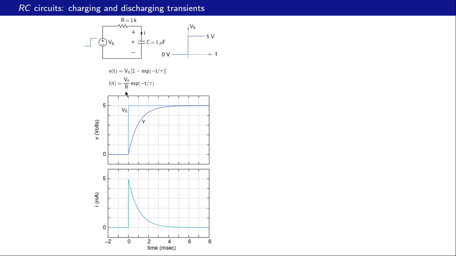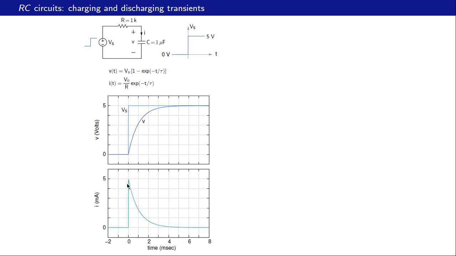Now, since the capacitor current is C dV by dt, a positive capacitor current means a positive dV/dt, and therefore we expect the capacitor voltage to always keep rising like that. Eventually, of course, the capacitor current becomes 0, and therefore the capacitor voltage becomes constant. If the current is 0, that means dV/dt is 0, that means V becomes a constant, as seen over here in this graph.